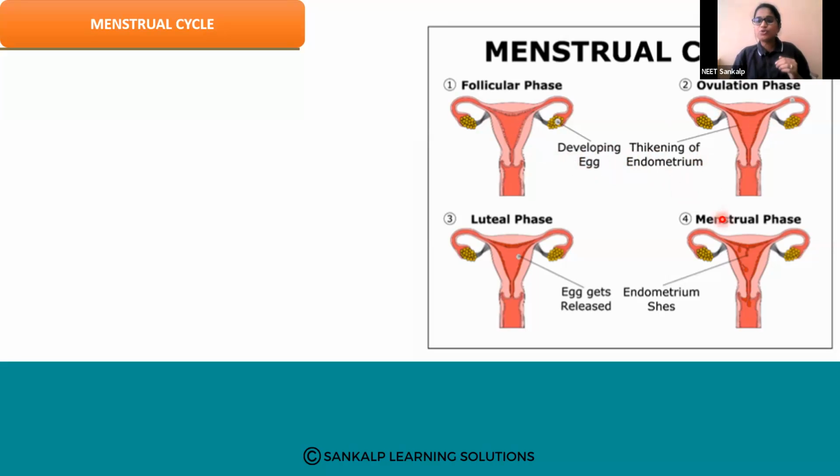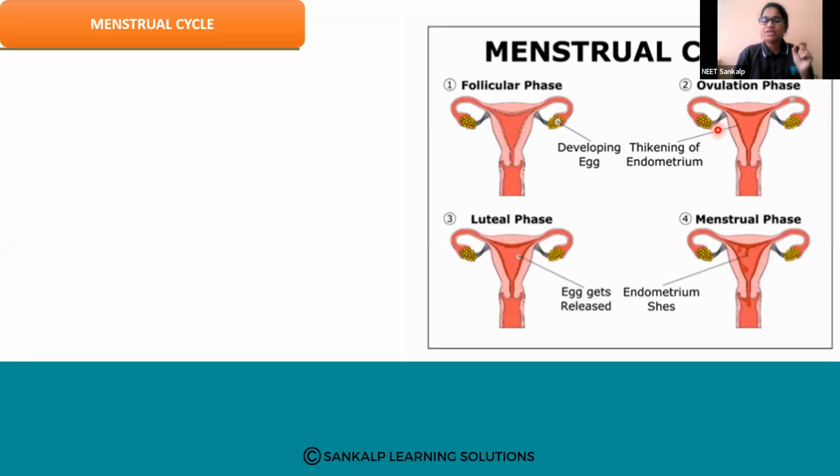Next, the menstrual phase. The egg is released and travels through the fallopian tube. Then it comes near the uterus. If fertilization does not occur, the uterus gets to know that no fertilization occurred, so the inner layer has to shed.